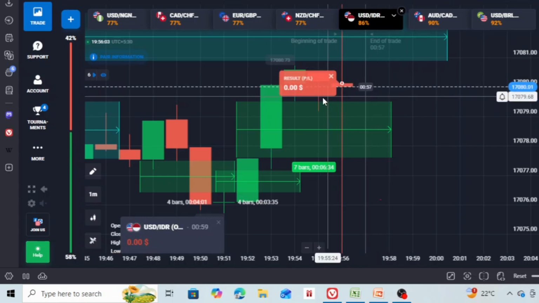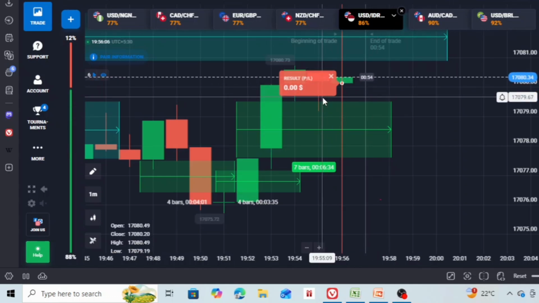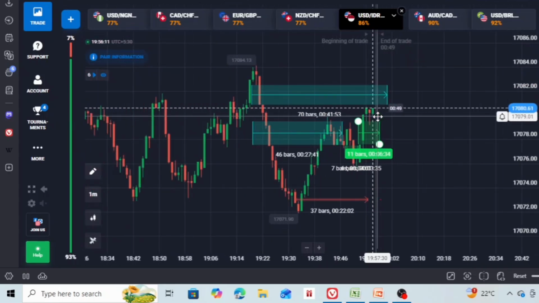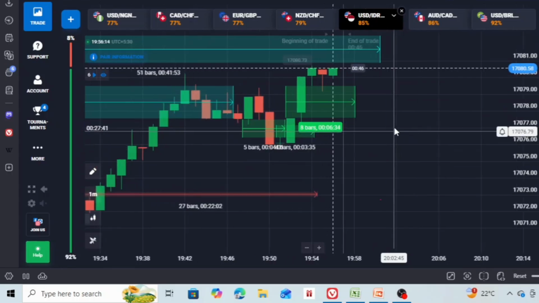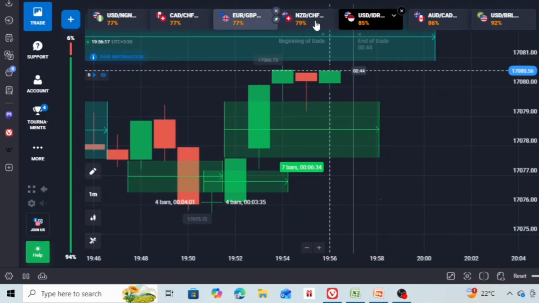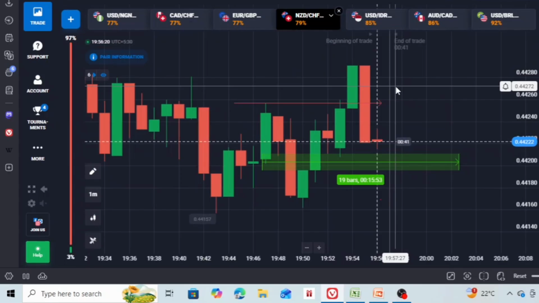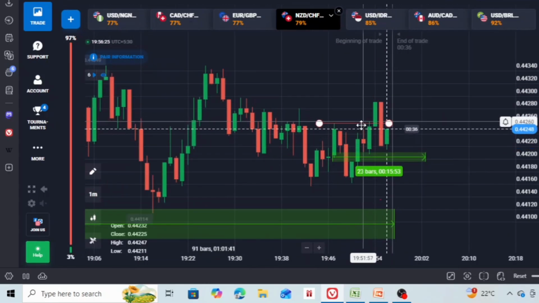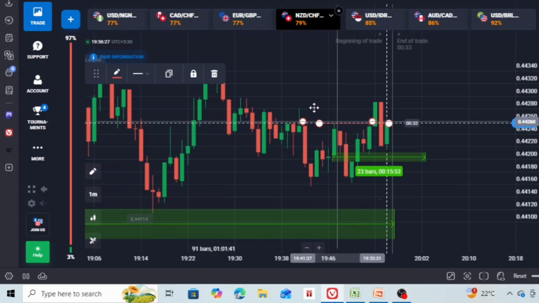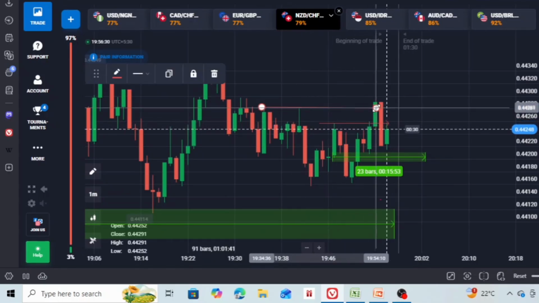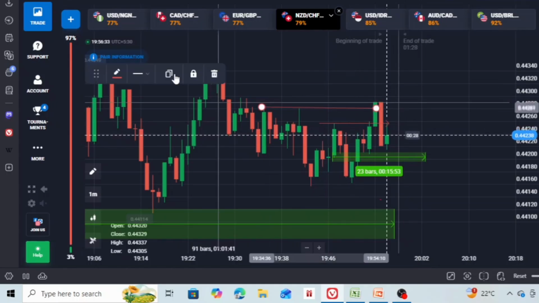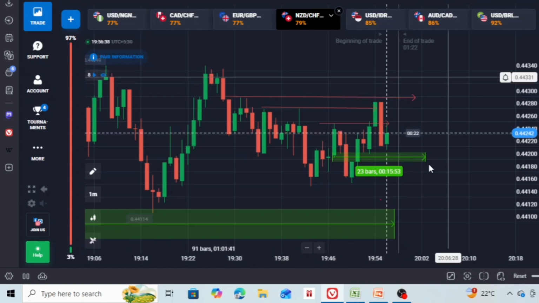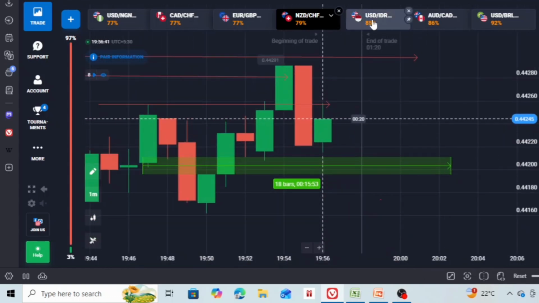Okay, so we lose the break here, so okay, no problem. After mitigation, the candle is going up. Okay, so it's fine. So this is the target, which has already been broken out. This will be the next target. Okay, but then we have to wait for the mitigation.